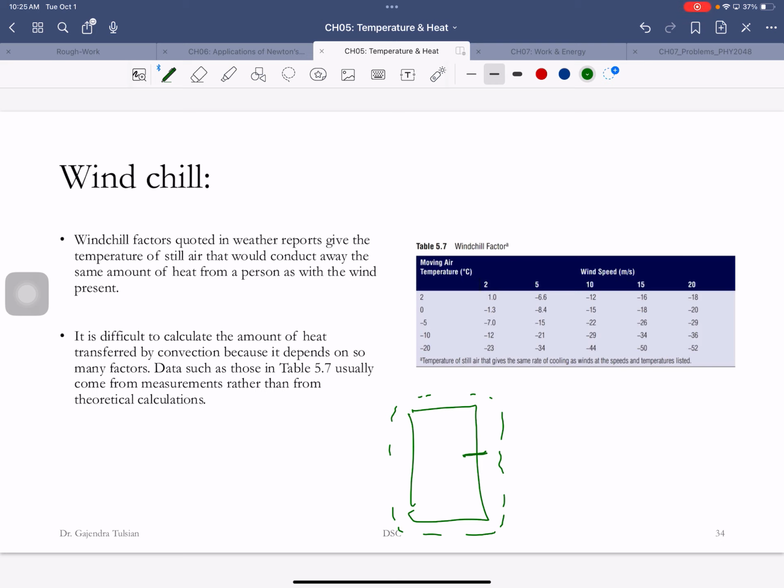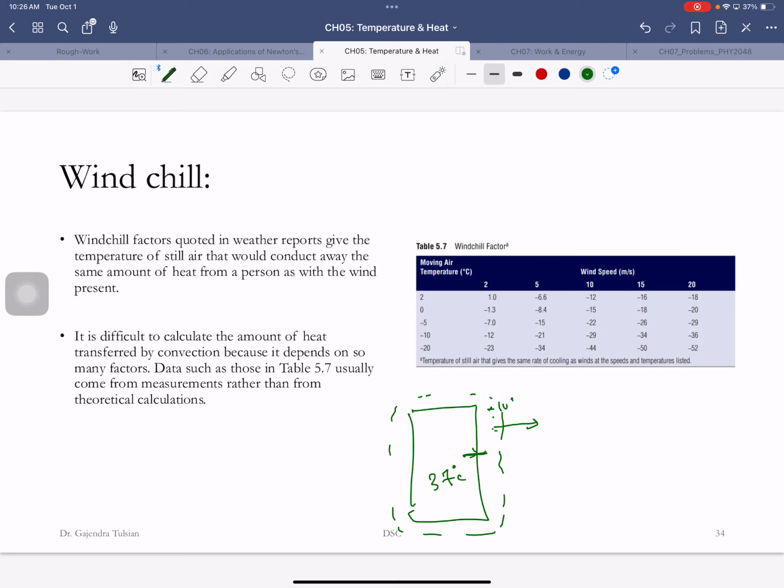All right, so you're warm and this is cold air. Let's say this was at minus 10 degrees Celsius. Heat flows from your body, and this air warms up. Air is a poor conductor, so heat would not flow as fast.